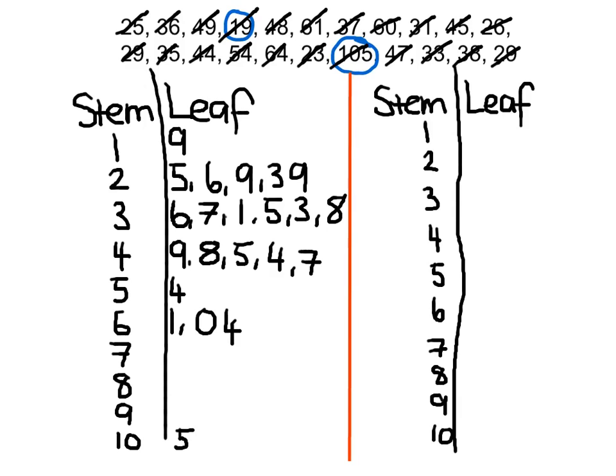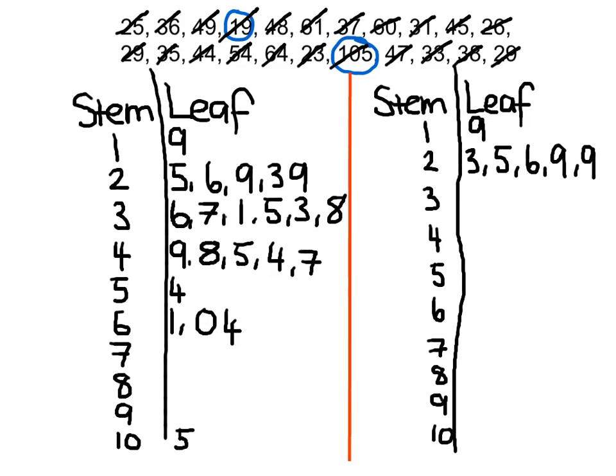Now we can start ordering the values in the leaf section of our stem and leaf plot. So the first value, 9, doesn't really need to be changed because it's on its own. So we'll just write a 9 there. Now for all the 20 numbers, so 25, 26, 29, 23, and 29, we need to put them in ascending order. So that's smallest to largest. So the smallest number is 23, then 25, then 26, 29, and another 29.